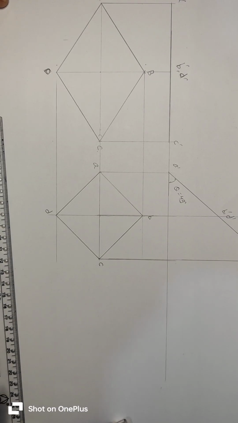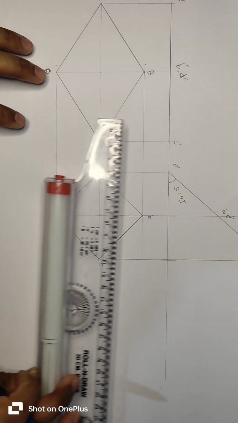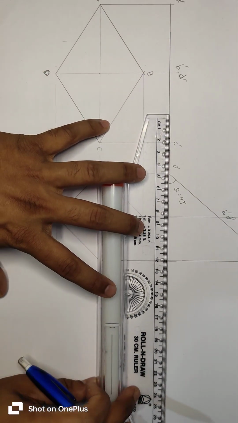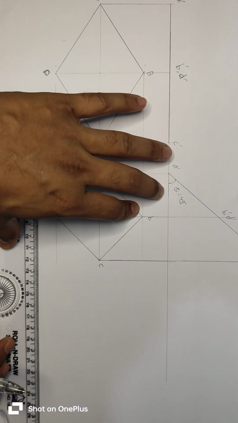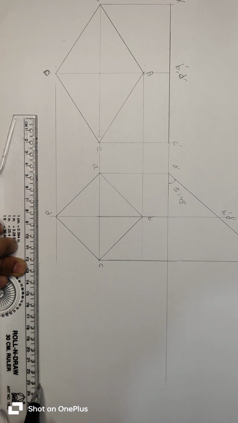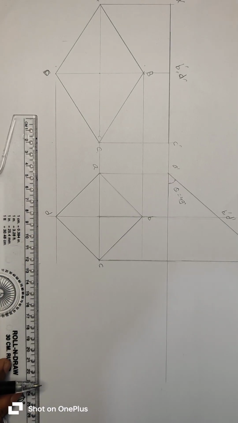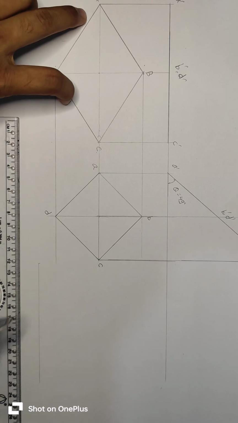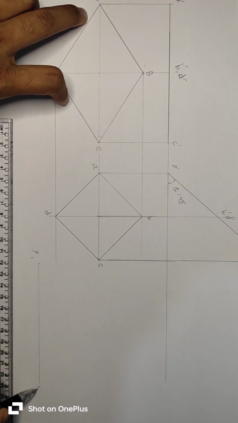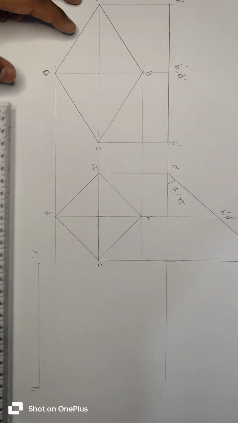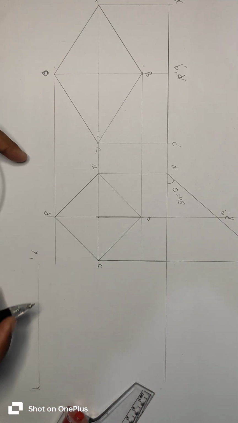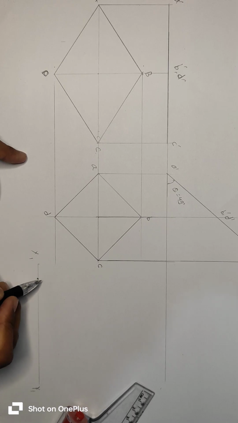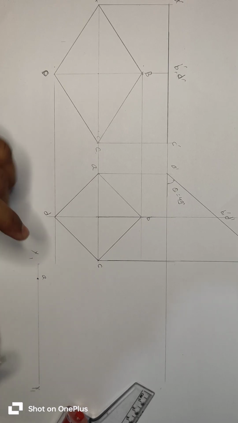Now to calculate angle beta, we will draw a line parallel to XY outside of the diagram and mark it as x1 y1. Then from this line, a 115 mm line is inclined at 25 degree. So this point is small a.